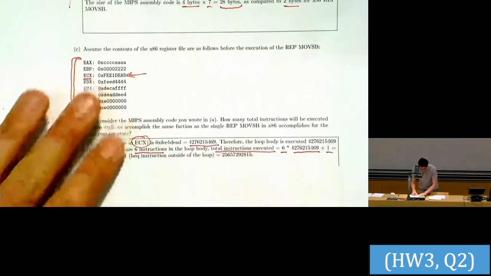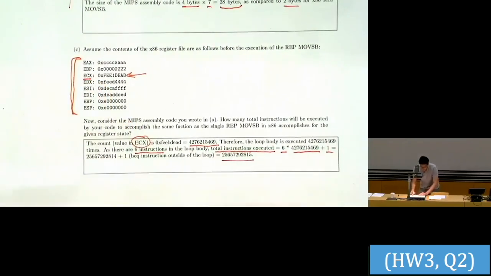So this is our total number of instructions executed for MIPS, compared to 1 single instruction that will be executed if we have an x86 ISA.